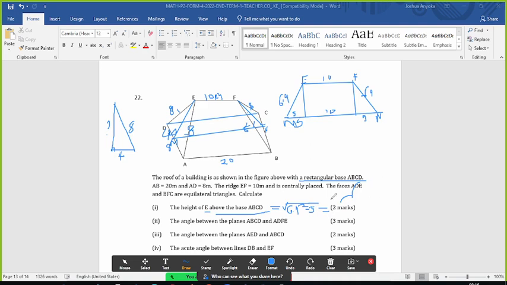What's the answer? Those who have worked out 6.9 squared minus 5 squared, then square root? 4.7958. 4.798.